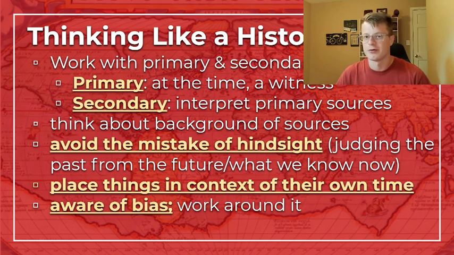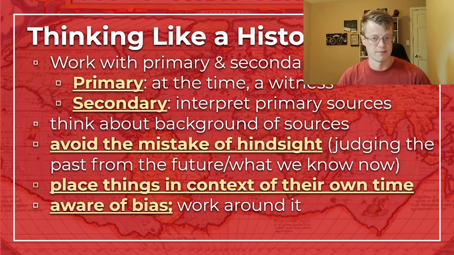You're probably going to get a pretty biased perspective. It's going to be very pro-British. So we try to think about things like the backgrounds of our sources and how useful they are. But we also have to be careful of lots of other things, things that are more going on with us today.